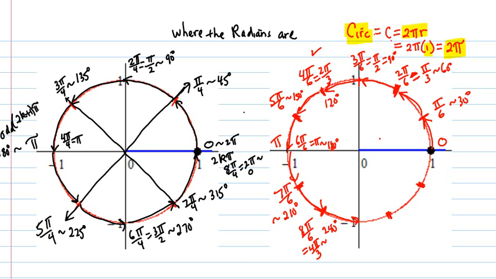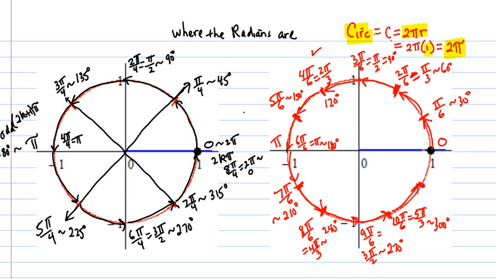Go another pi over 6 to 9 pi over 6, which is 3 pi over 2, coterminal to 270 degrees. Go another pi over 6, that's 10 pi over 6, which is equal to 5 pi over 3, which is coterminal to 300 degrees.